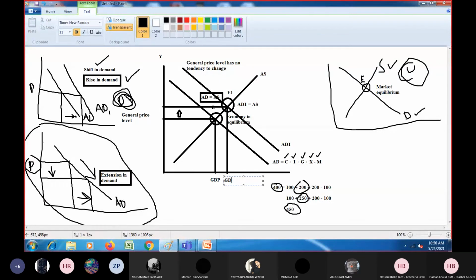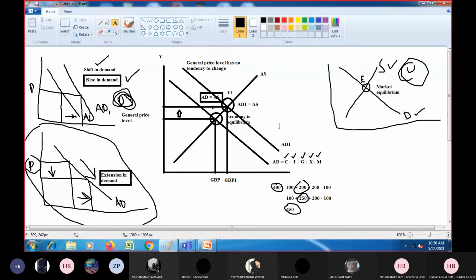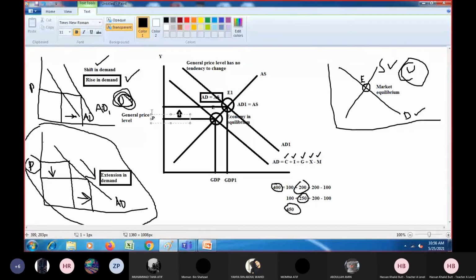So this happened actually, but the thing which you need to understand is that the general price level has increased. So earlier it was, let's say, P. Now it is P1, right? So remember, whenever the general price level increases, I am writing it here.